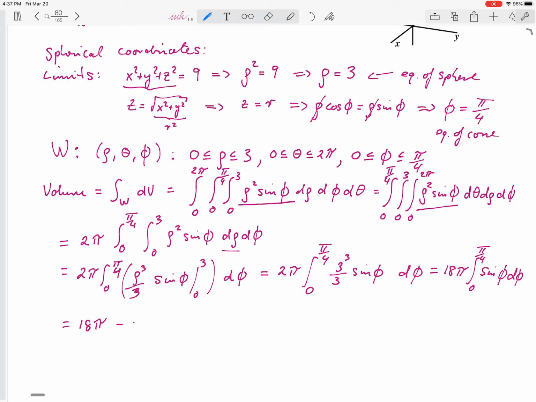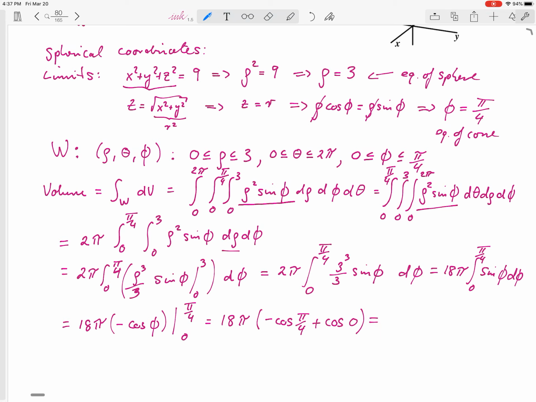and the antiderivative of sine phi is minus cosine phi. My limits go from 0 to pi over 4, and so when I plug those in, I get 18 pi times minus the cosine of pi over 4 plus the cosine of 0.